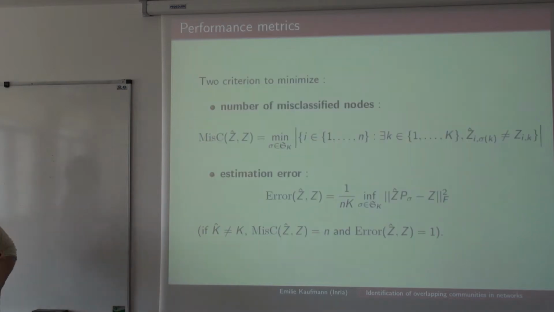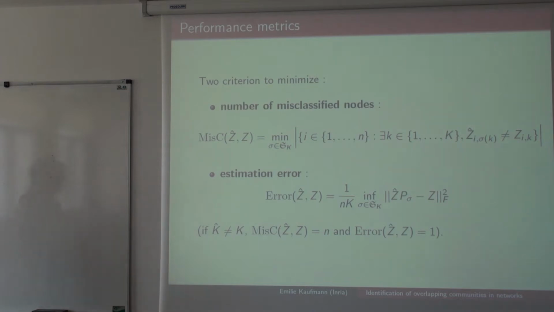So I will present two performance metrics that we consider for this estimation problem. For example, we may look at the number of misclassified nodes of our estimator, which is the number of nodes for which we made at least one error in estimating the corresponding membership vector. The membership vector is the row of a given node in this membership matrix.